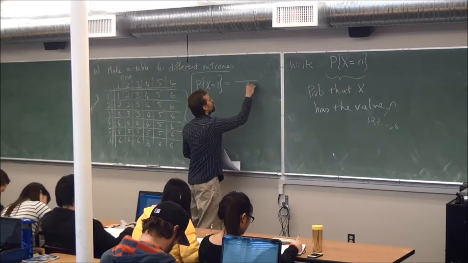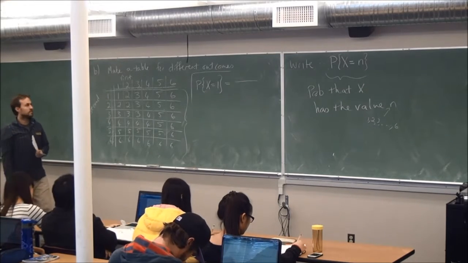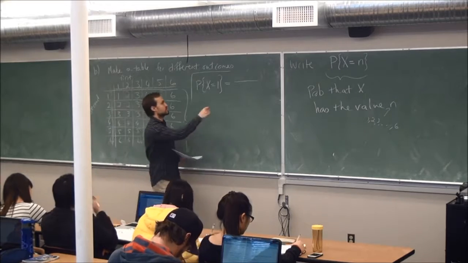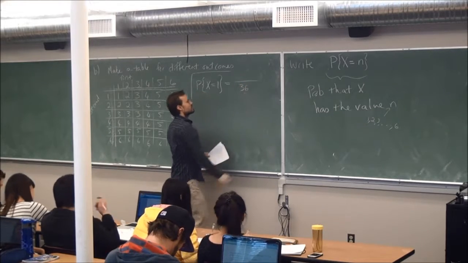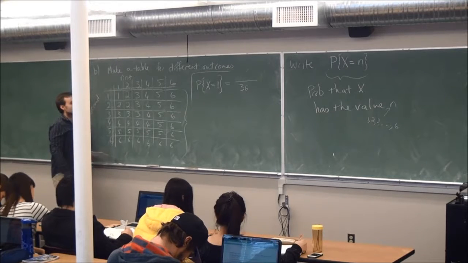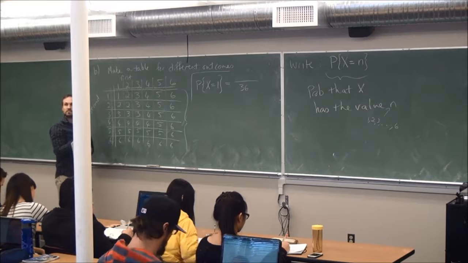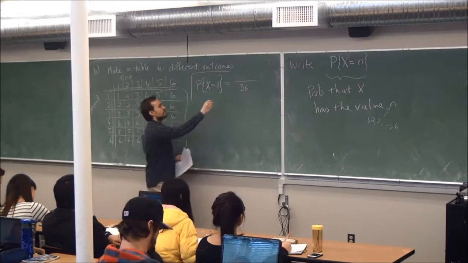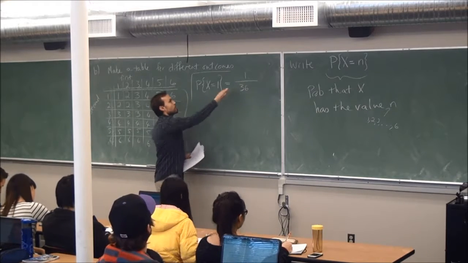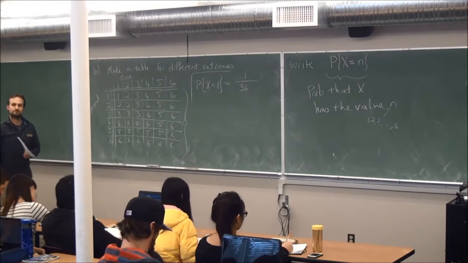How many possible outcomes are there in this table? 36. 6 by 6 table. 36 different pairs will give me a value of x. How many of these give me a value of 1? Only 1. So the probability is 1 out of 36 possibilities will give me x equals 1.